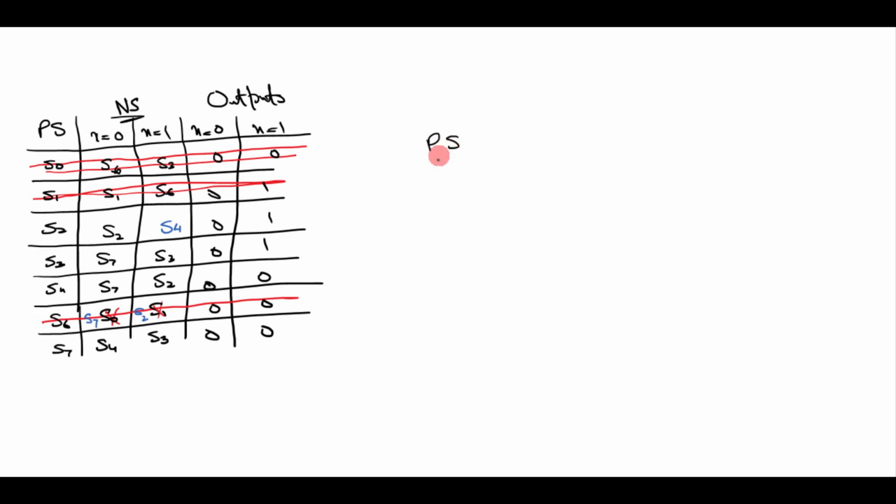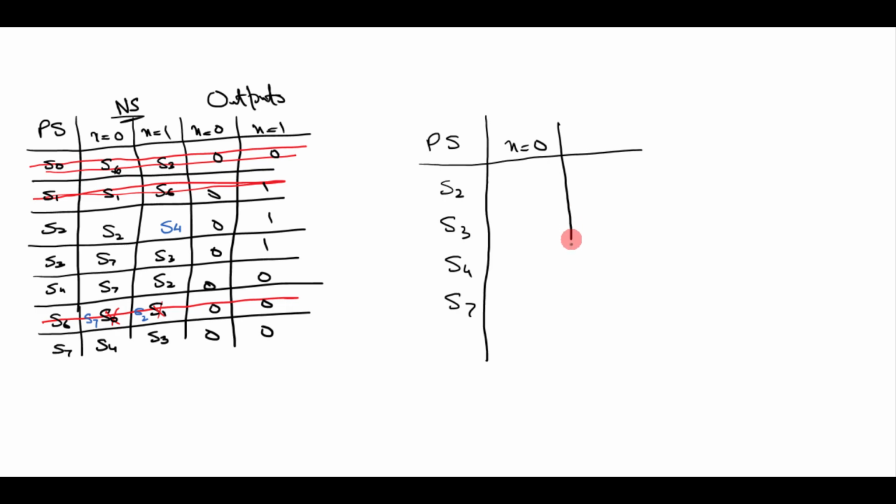In the reduced state transition table, we have S2, S3, S4 and S7 only. These are your present states, and when input is equal to 0 and input is equal to 1, these are your next states, whereas your outputs are here.